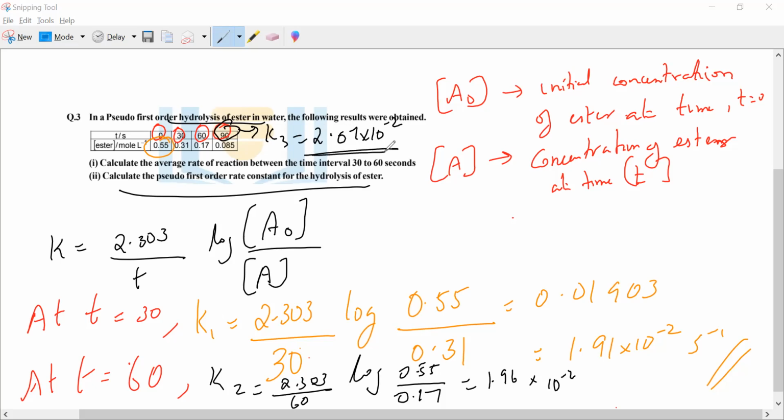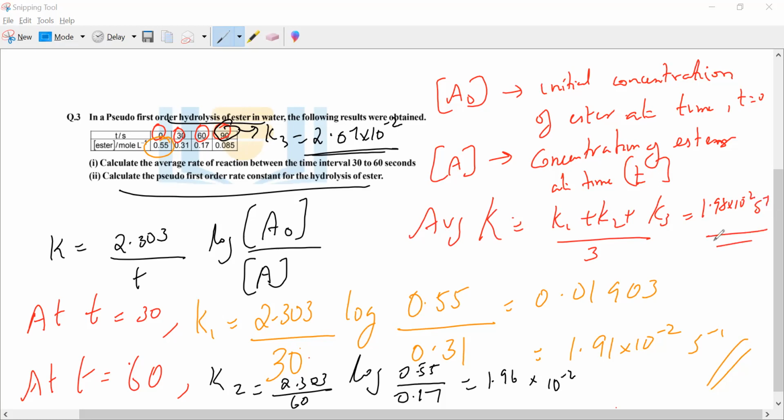The average rate of reaction is nothing but k1 plus k2 plus k3 by 3. Once you do it, you should be getting somewhere around 1.98 into 10 power minus 2 s power minus 1. This should be my final answer.